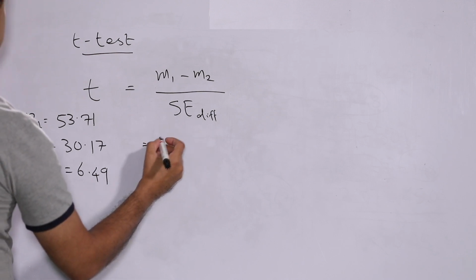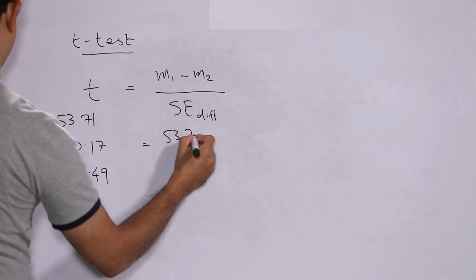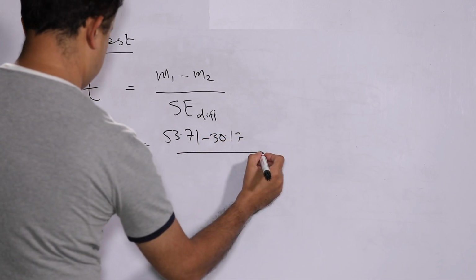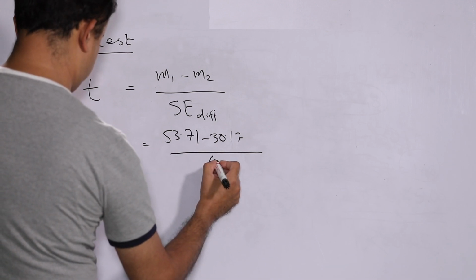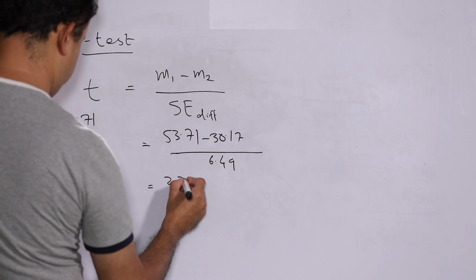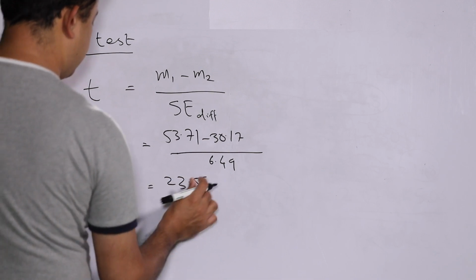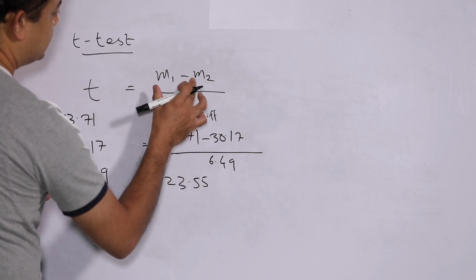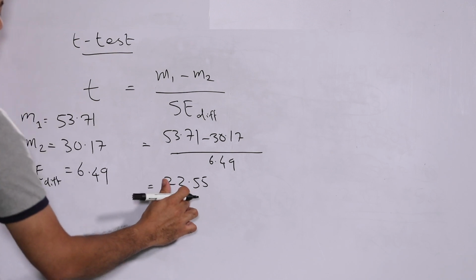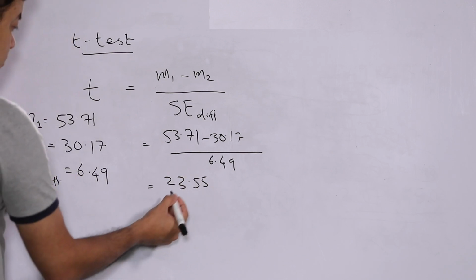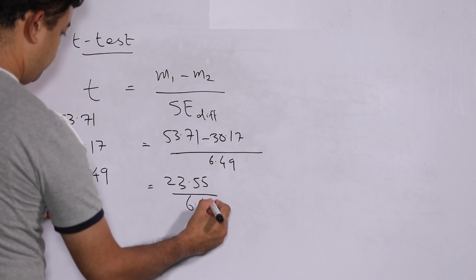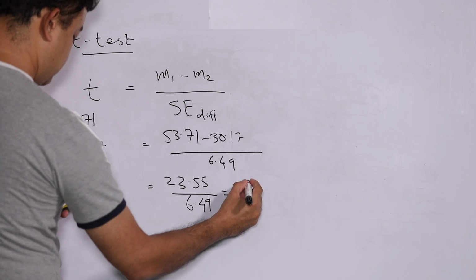That is equal to 53.71 minus 30.17 divided by 6.49. This numerator is equal to 23.55. This is the absolute difference between the two group means. We already calculated this to get the 95% CI on the last whiteboard. So 23.55 divided by 6.49 is equal to 3.63.